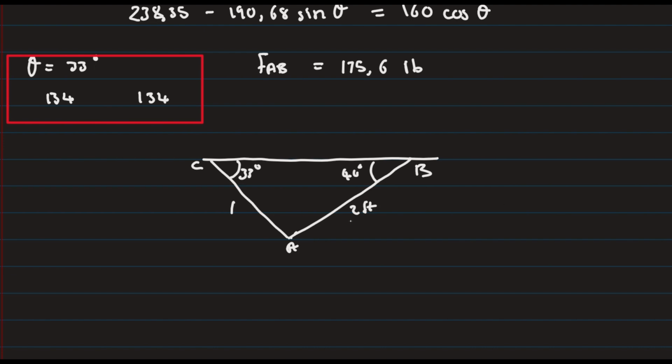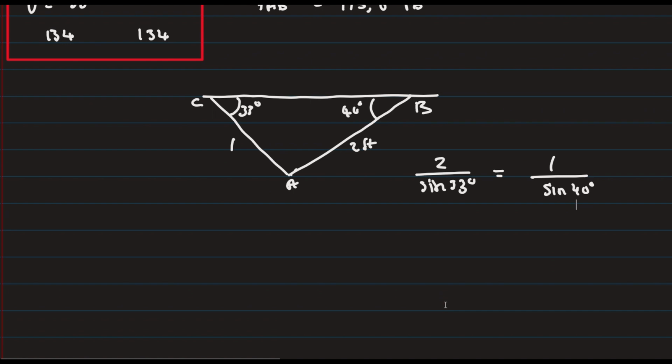So we have to find out the length. We can just use the sine rule. So we have 2 feet divided by sine 33 degrees is equal to the length of AC divided by sine 40. To find the length, we just have to multiply both sides by sine 40.